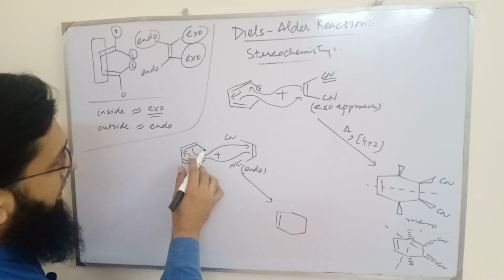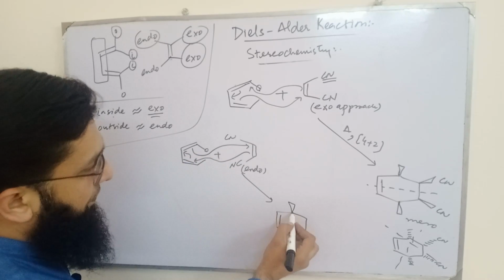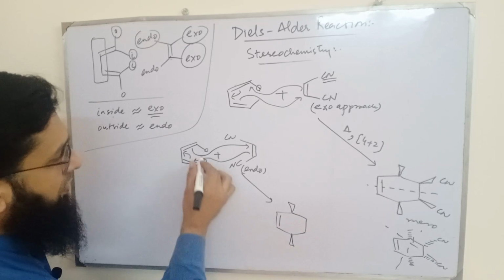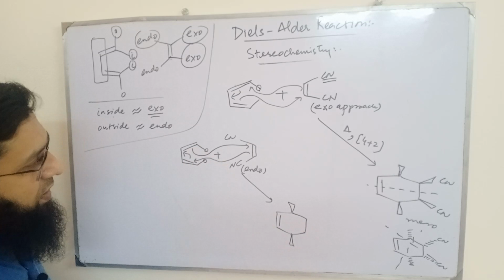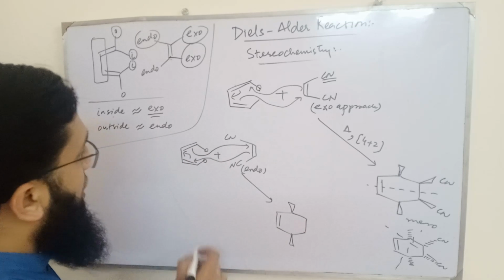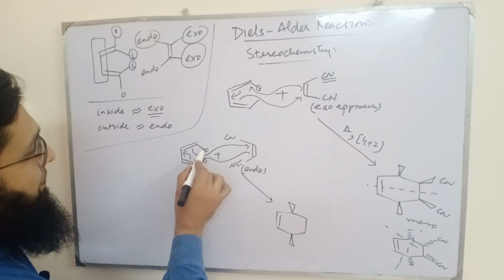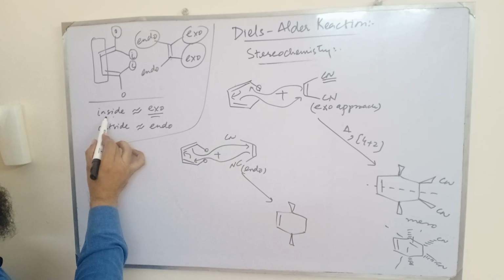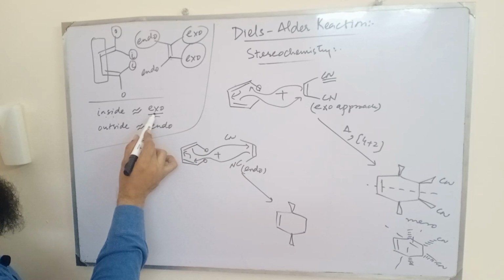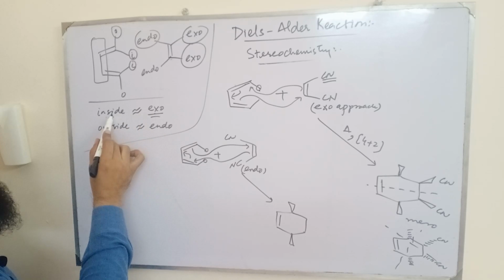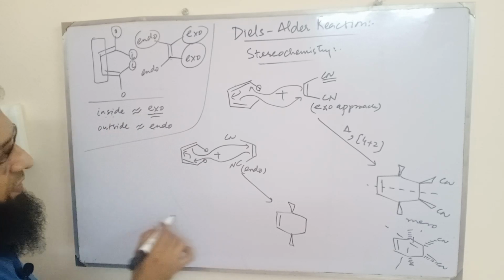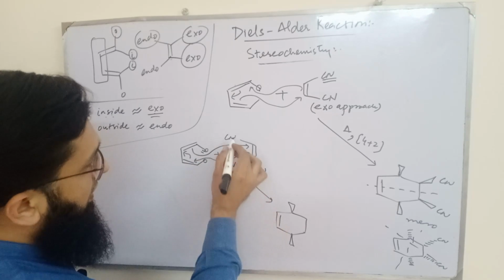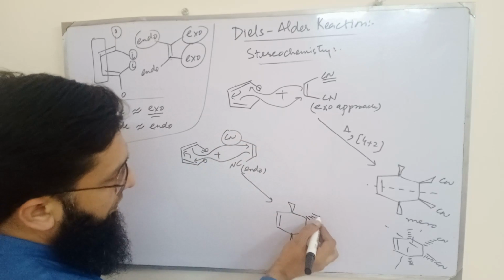Now if we put this above the plane, this would also come above the plane because both of these substituents have the same stereochemistry. However, in this case this one and this one have opposite, because inside and exo had the same, and inside and endo had different. So if this is above the plane, this would come now below the plane.